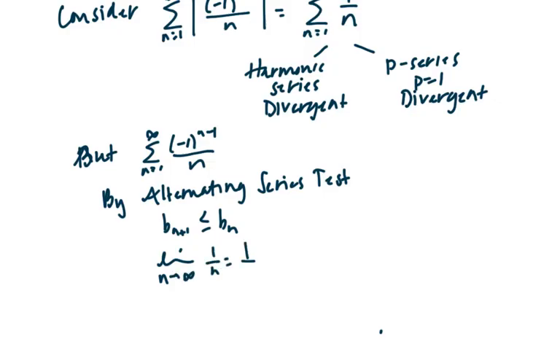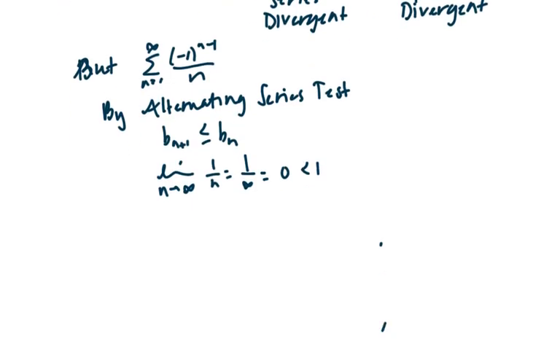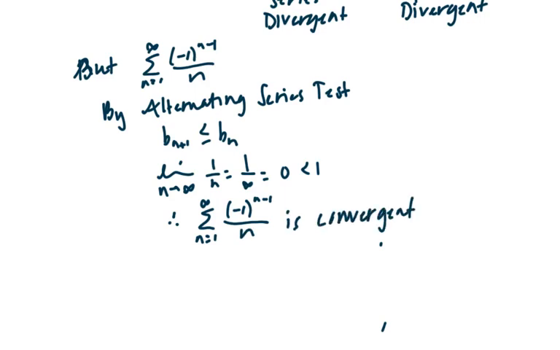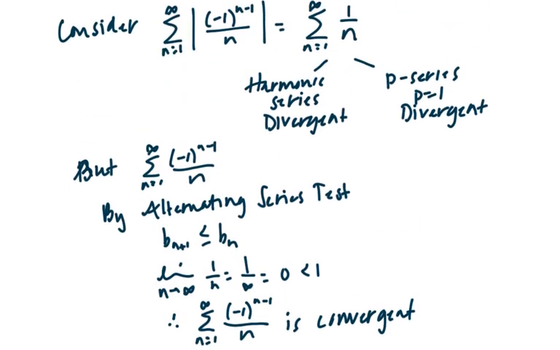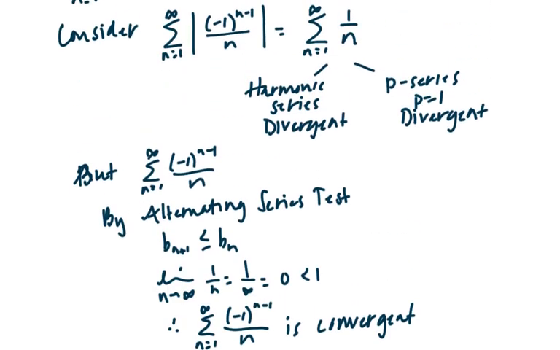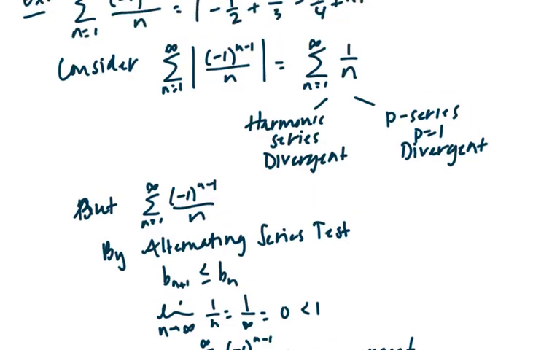So this is 1 over infinity, which equals 0. Therefore, we can say that the series from 1 to infinity of negative 1 to the n minus 1 over n is convergent. So you can have convergence without absolute convergence. And this is the classic example. Your harmonic series, the absolute value is divergent, but the alternating series is convergent.